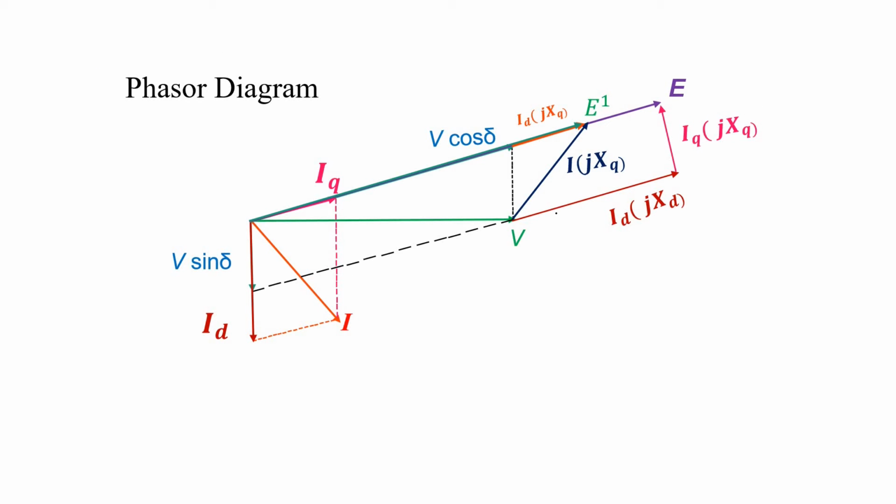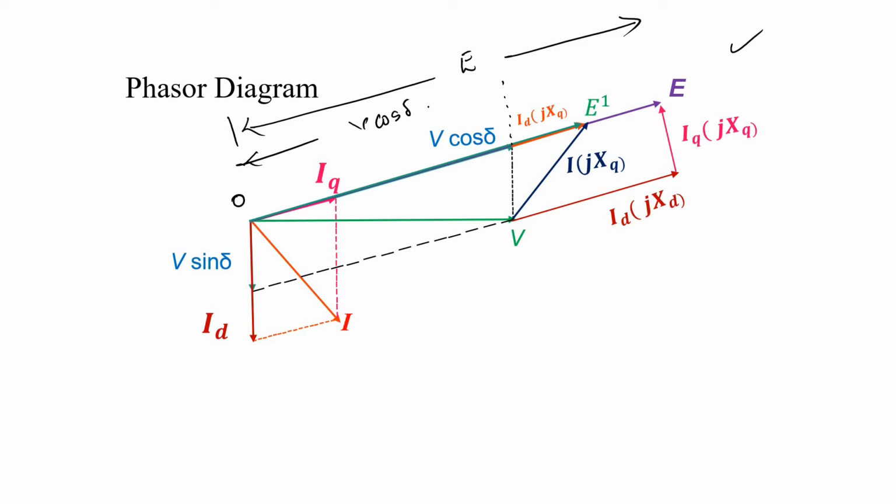Now if you observe the phasor diagram, the ID XD drop is nothing but from O to E, the magnitude is E, and this quantity is V cos del. And the remaining portion, from here to here, is ID XD. It is very clear, ID XD is equal to E minus V cos del.